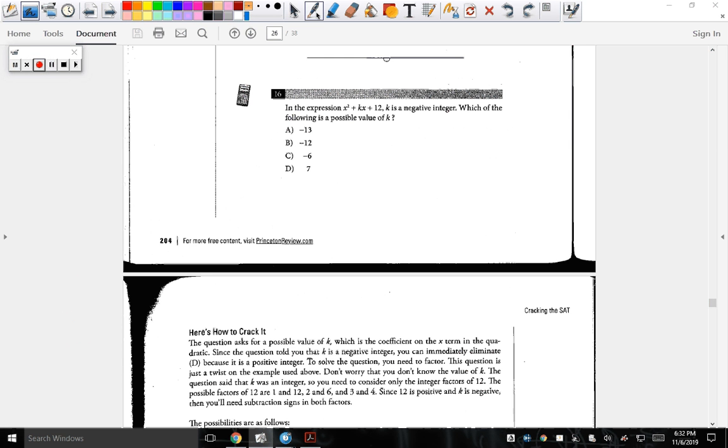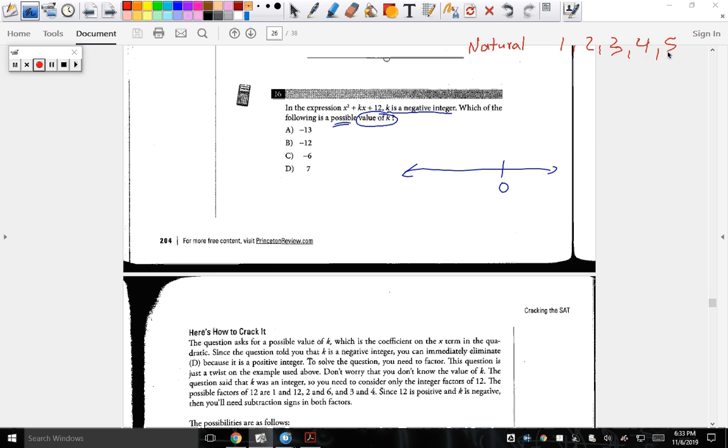So, number 16 on page 204, it says, in the expression given, k is a negative integer. Which of the following is a possible value of k? So if I'm a negative integer, first of all, so that you know, natural numbers, you'll see this from time to time, naturally start at 1.